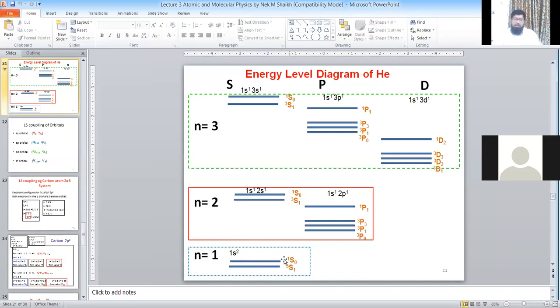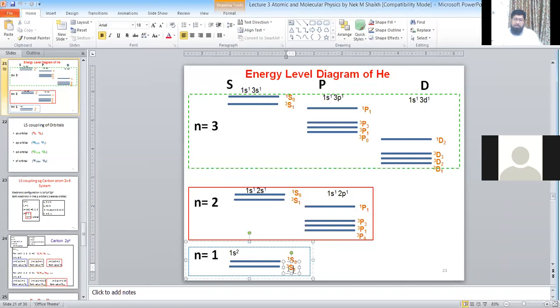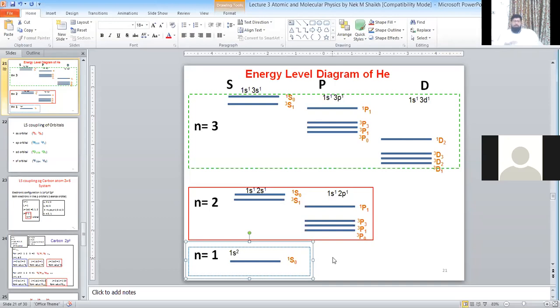In this case, the 3S1 level is not possible, as we have discussed, so this can be removed. The ground level 1s2 is 1S0, because the 3S1 level is not possible. So the only possible level is 1S0.